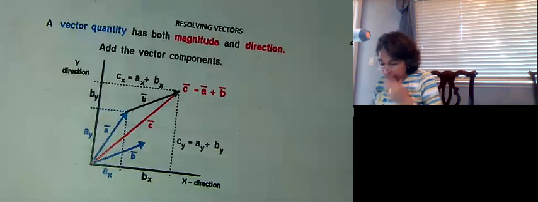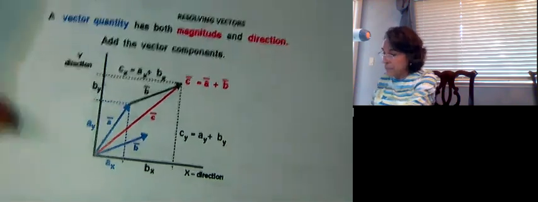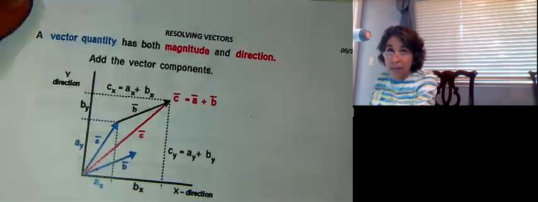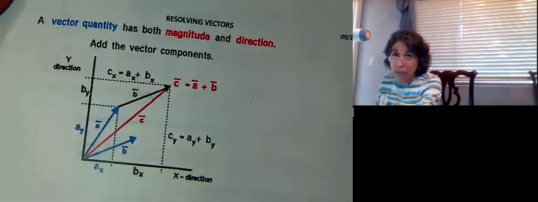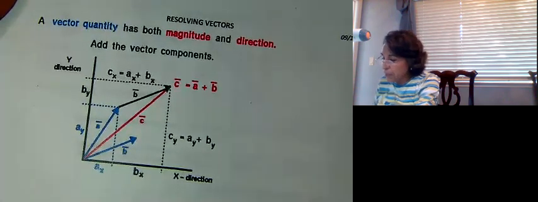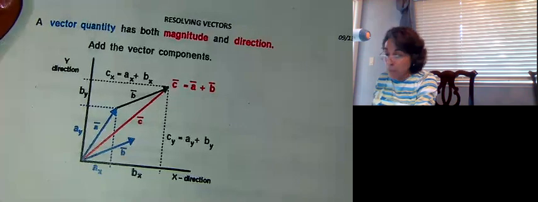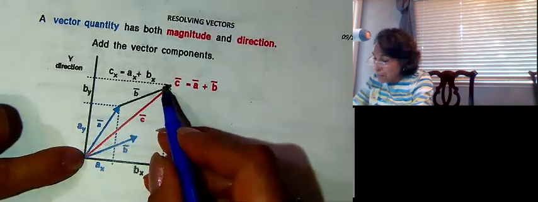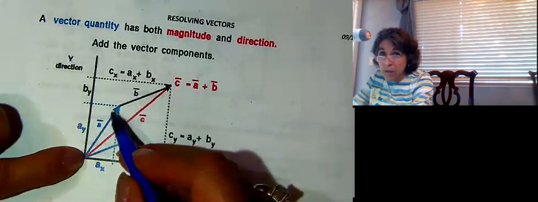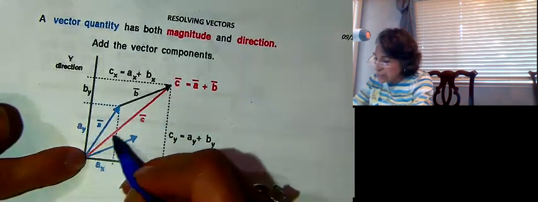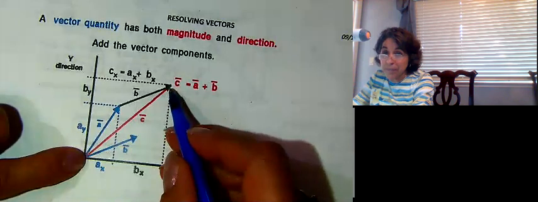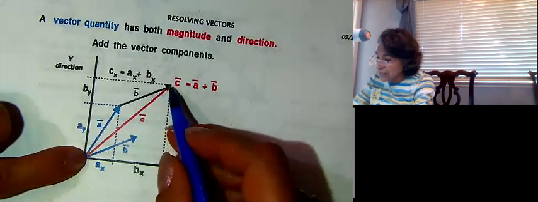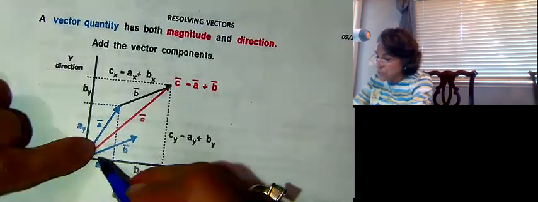On the back side of your handout, and I think your attachment might be a separate document, is an example of adding vectors. We're not going to go over it right now, but I want you to see that your A vector is this blue one, and your B vector is this black one. When I add up head to tail, A plus B, here's my C, the resultant vector, the red one.